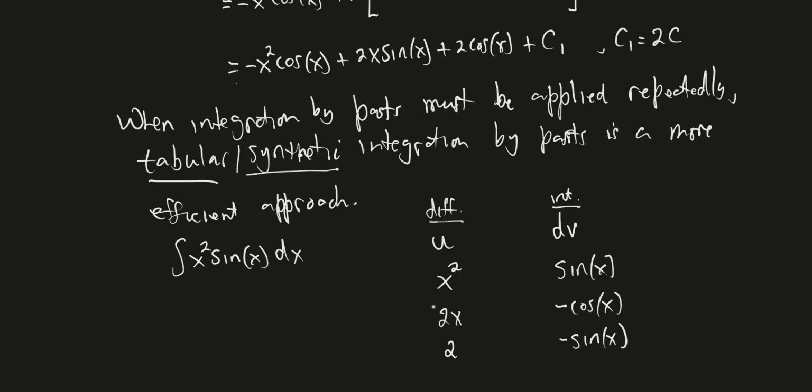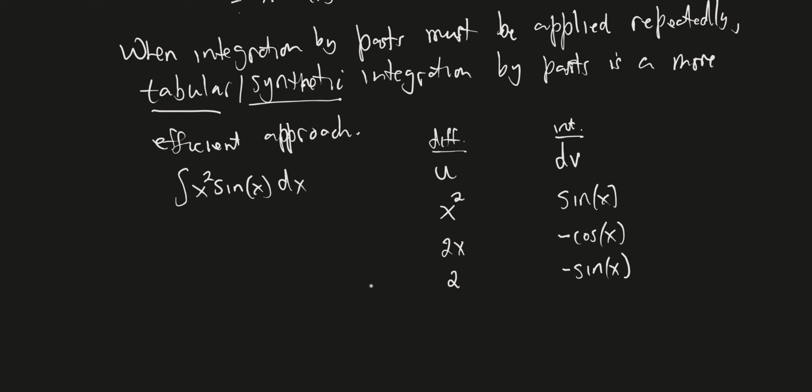So what we actually do is we make use of that fact in tabular integration. So what we say is if you start with your u as a polynomial, differentiate it as many times as it takes to get to 0, right? So let's do that. Well, it would take just one more derivative because the derivative of 2 is 0.